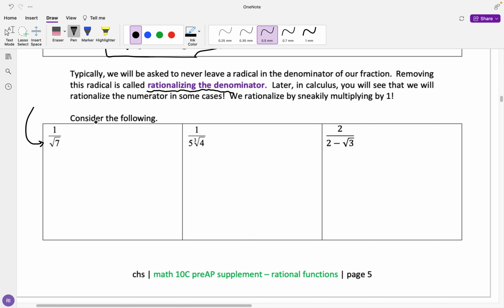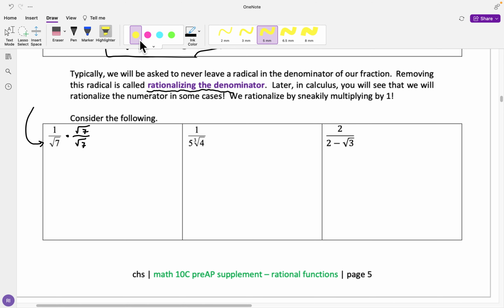And this is what it'll look like. In blue here, don't write this just yet, but it's our awesome math trick of multiplying by 1. But not just any 1, not the number 1 itself. It has to be a little more fancy, a little more interesting than that. We will multiply by root 7 divided by root 7. That is equivalent to 1.